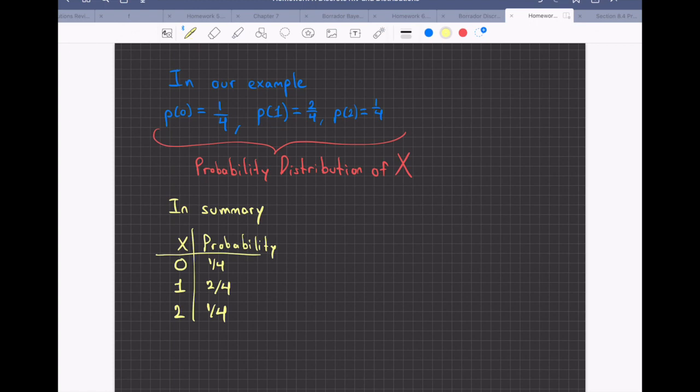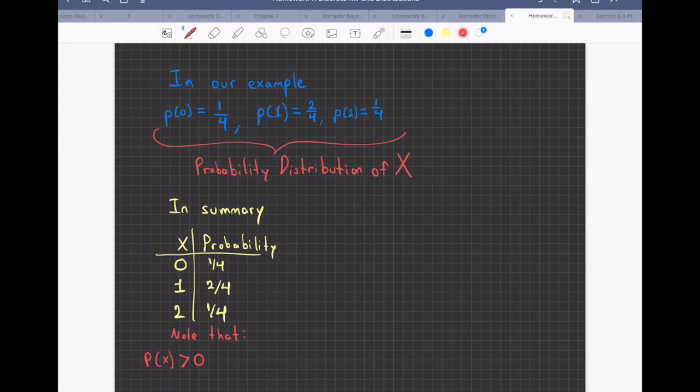I want you to notice two things with this. Know that, first, p of x is always positive.